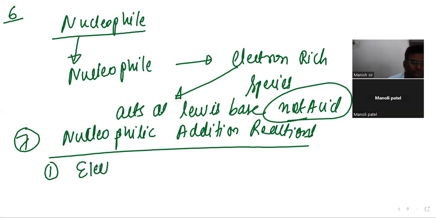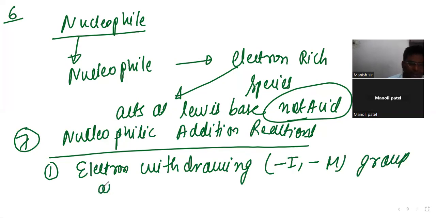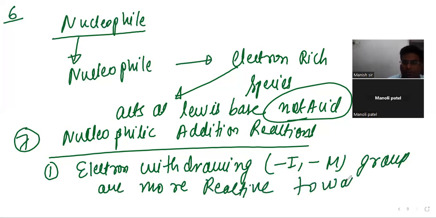A group that attracts electrons towards itself is called an electron withdrawing group. It comes under minus I, minus M. More electronegative groups are more reactive towards nucleophilic addition reaction.